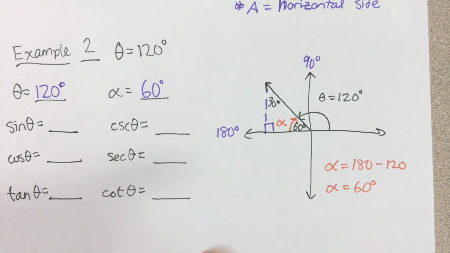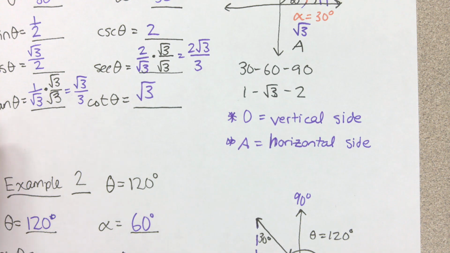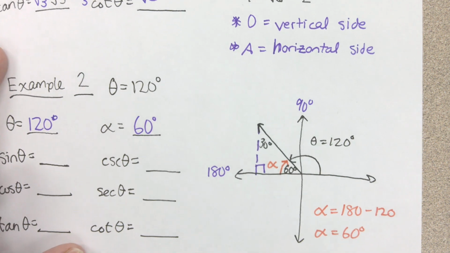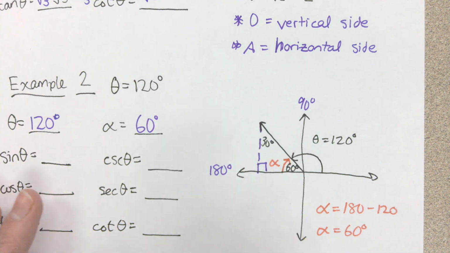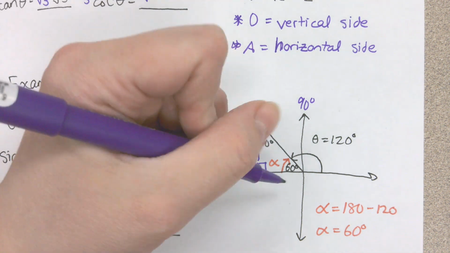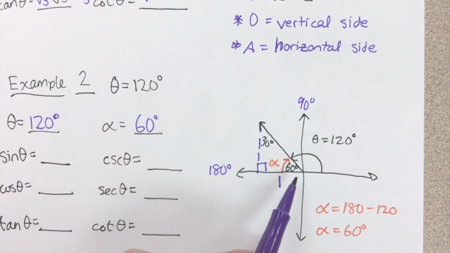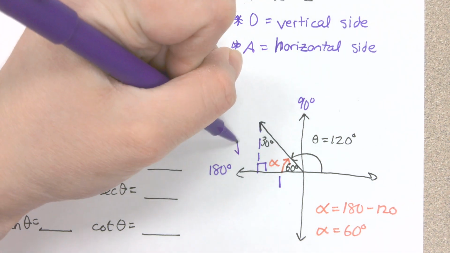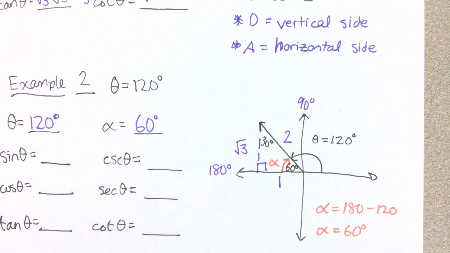Once again, this is a 30, 60, 90 like the triangle above, but the alpha is 60 this time instead of 30, so our sides are going to be flipped. So across from the 30 at the bottom, we have the 1. Across from the 60 on the side, we have the rad 3. And then the 2 is still the hypotenuse.